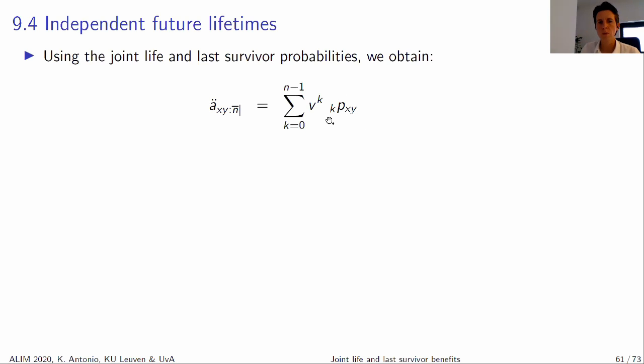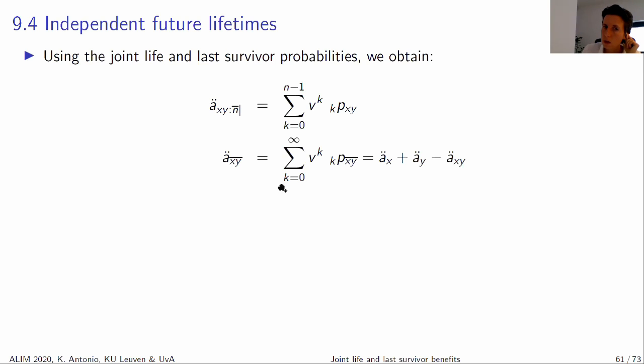But now, of course, the kpx is replaced with kpxy. And that's the probability that my joint life status will be valid for another k years. If I do something similar now for the last survivor annuity, then I need to replace my probability here with the probability that the last survivor status will be applicable for another k years.